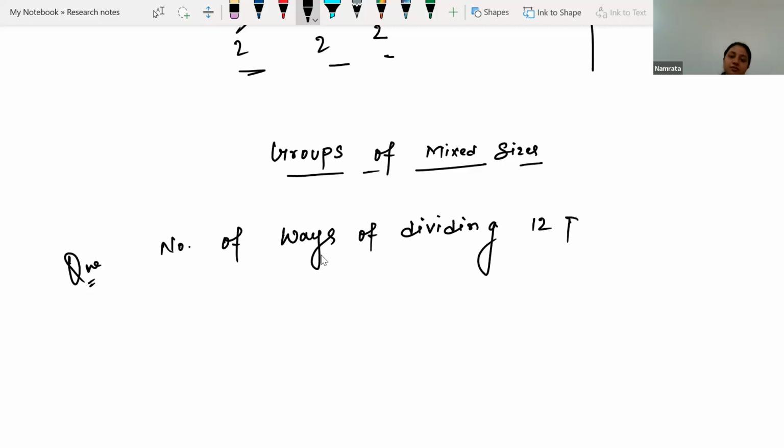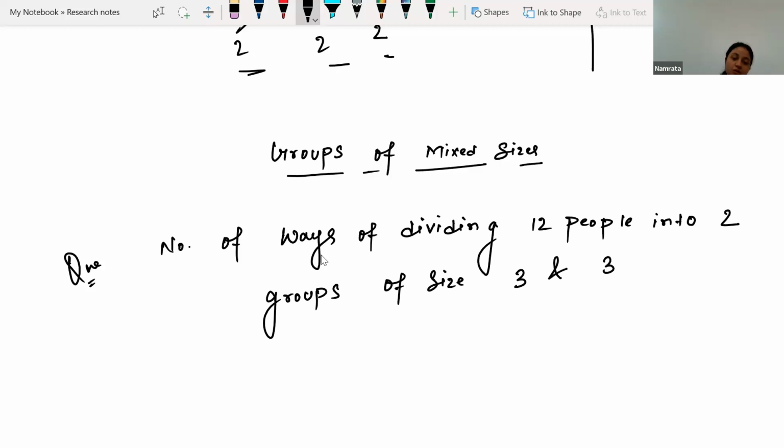Here it says: number of ways of dividing 12 people into two groups of size 3 and 3 groups of size 2.